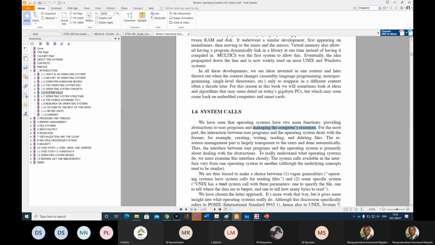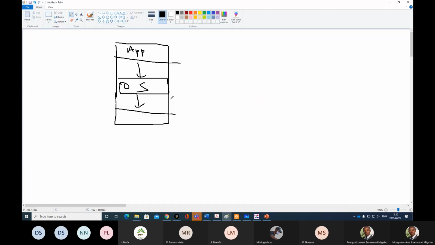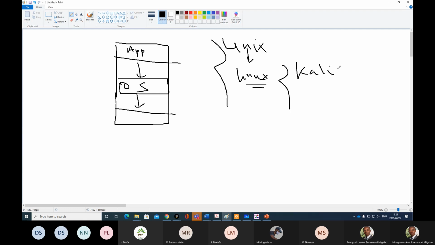In the category, for example, of Unix, under which falls Linux, in the category of the different Linux operating systems, we have, for example, one called Kali Linux, which is more specialized for security.